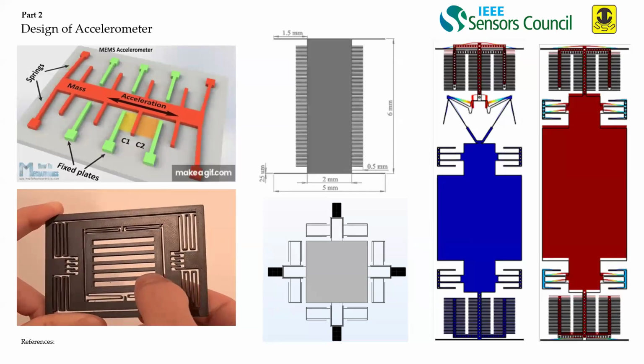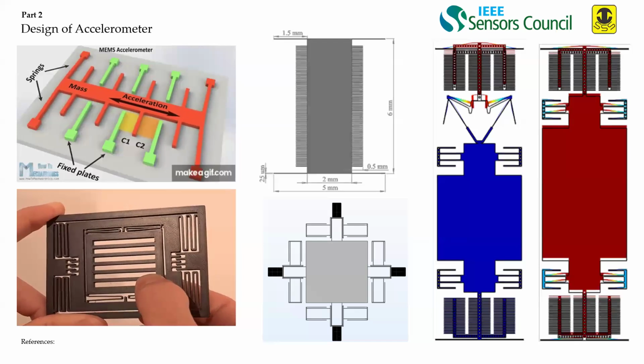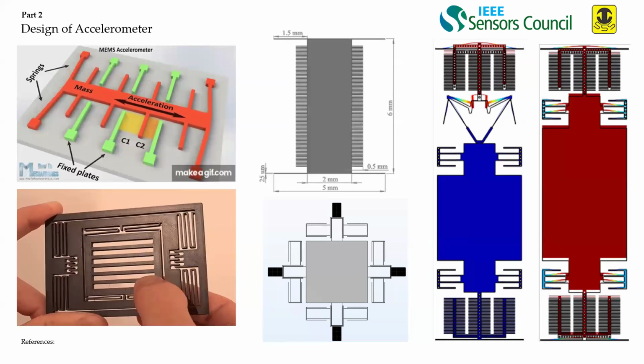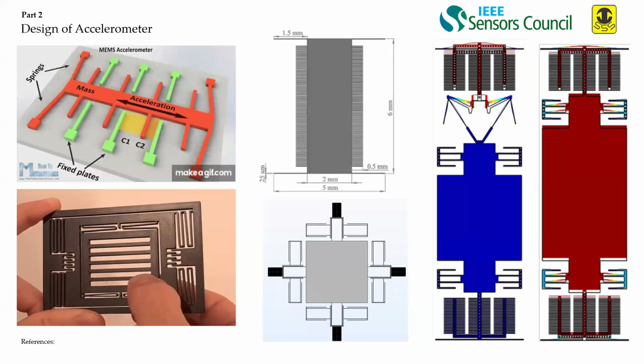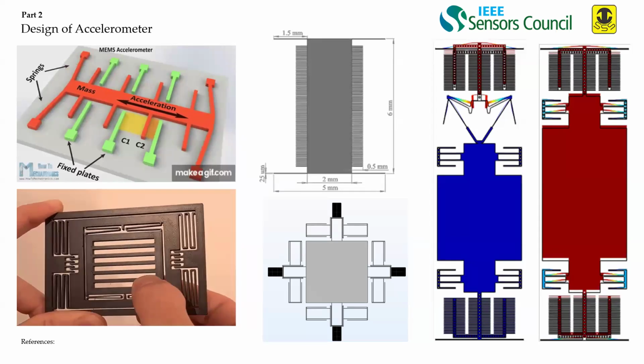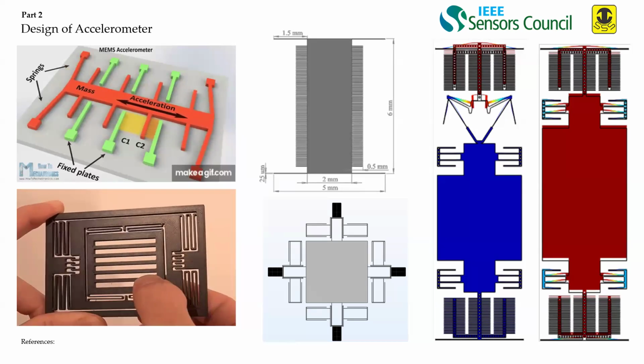There are different accelerometers available commercially. Some are single axis and move in only either X or Y. There are some designs which can sense both X and Y directions, and also out-of-plane motion.